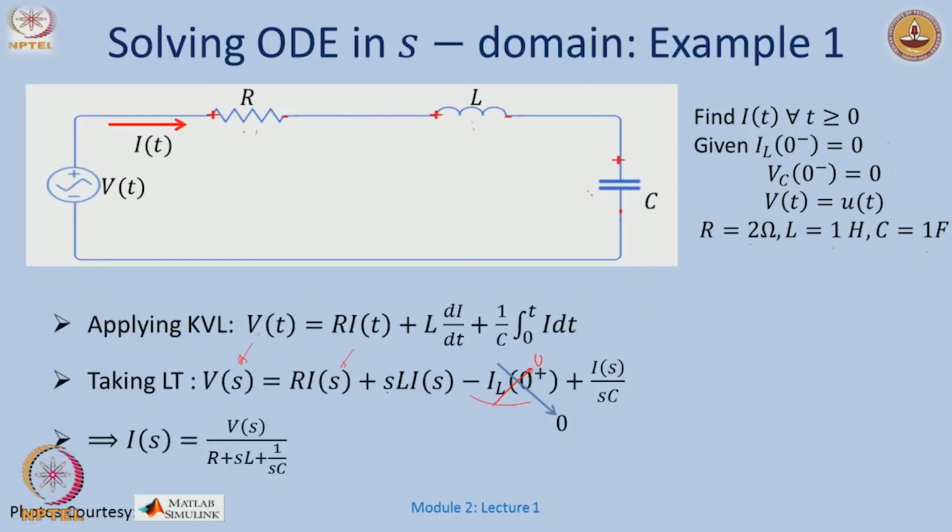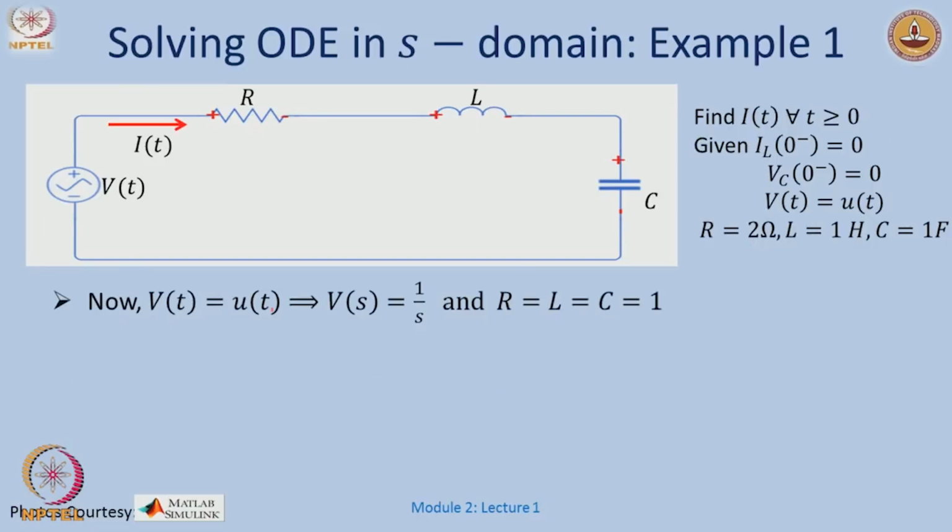So, I have R plus sL plus 1 over sC. I substitute values. u(t) is a unit step, v(t) is a unit step, therefore, V(s) is 1 over s, and for values of R, L and C, I think this should correspond to R equal to 2, right.